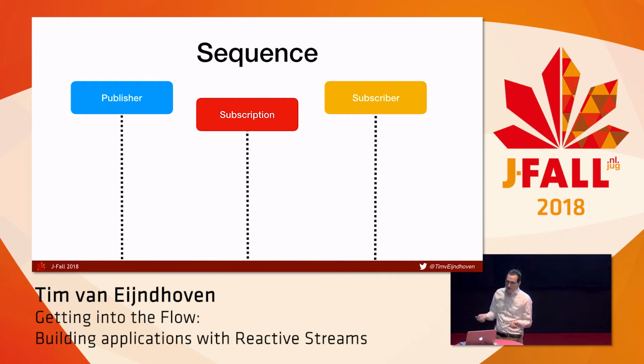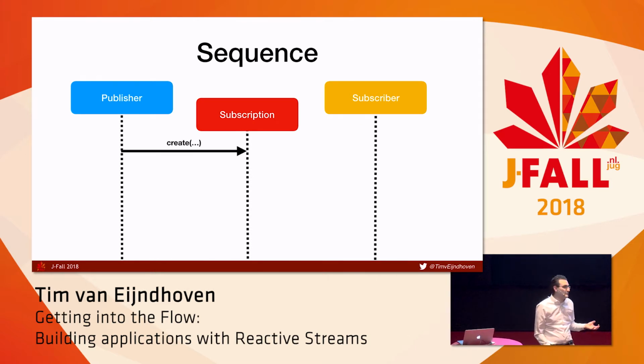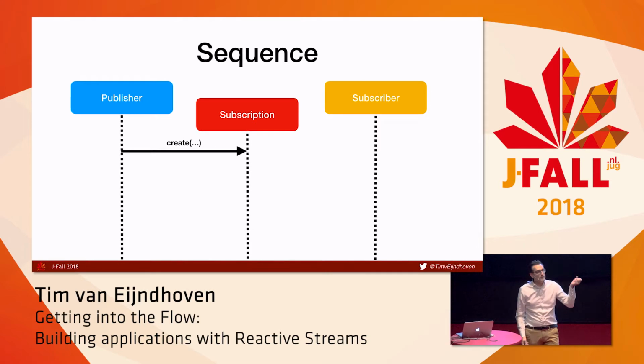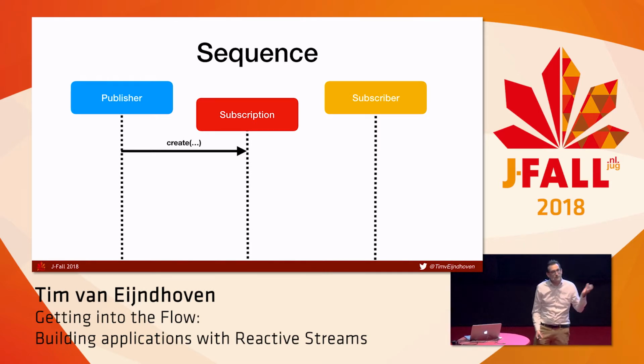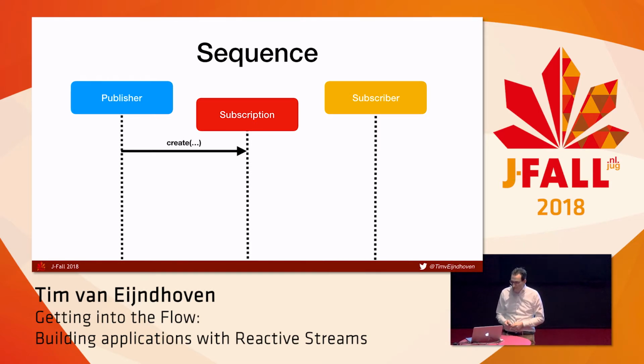Now, a general sequence in Reactive Streams is as follows. First you have the event that something is subscribed to the publisher. The next thing that happens is that the publisher will create a subscription, right? It will create the control in order to receive the signals from the subscriber that it can do something.